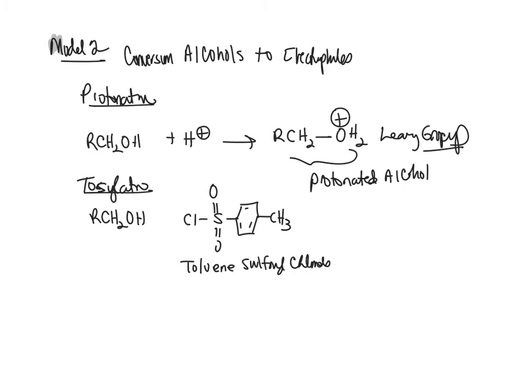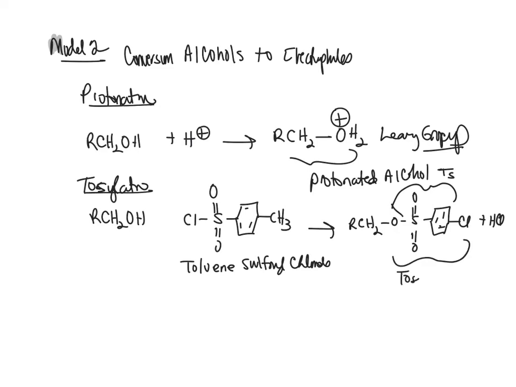I probably did this reaction once a week at Eli Lilly when I did synthesis. So here we have, this is called a tosyl, and this is a tosylate ester, and it is a leaving group.